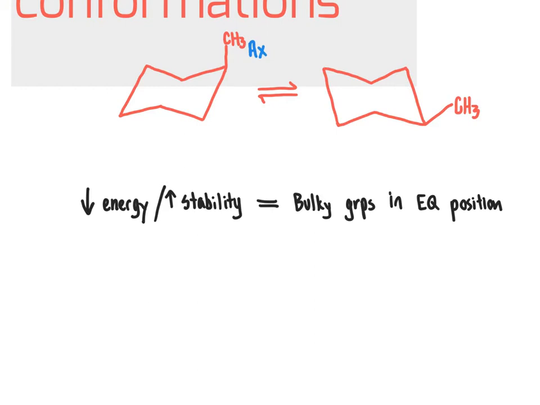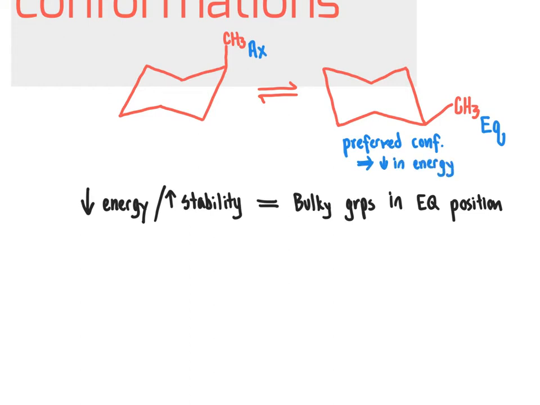All the axial groups become equatorial and vice versa. And so the structure on the right would be the preferred conformation, because this is the one that is lower in energy, because it has that bulky group in the equatorial position.